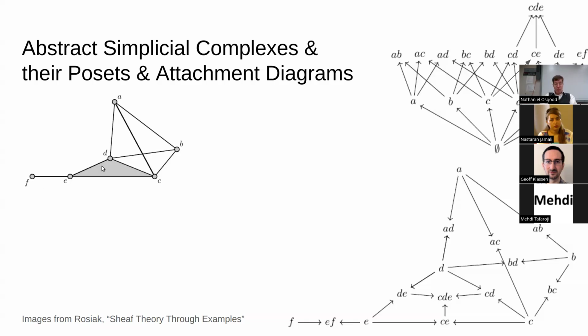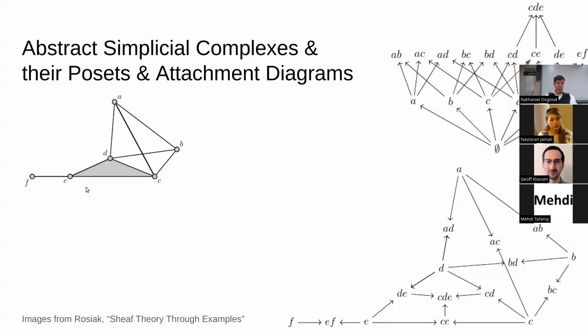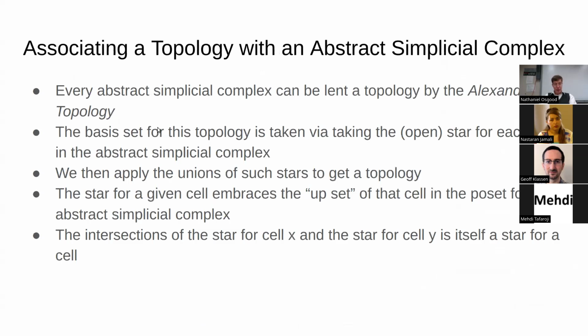We'll come back to that in just a second, but we just take the union closure. So you take the union of star 1 and star 2, and star 1 and star 3, the star of A and the star of B, the star of A union the star of B, and the star of C, and then you take the union of both of those, and then the union of all three, etc. But you get a topology.